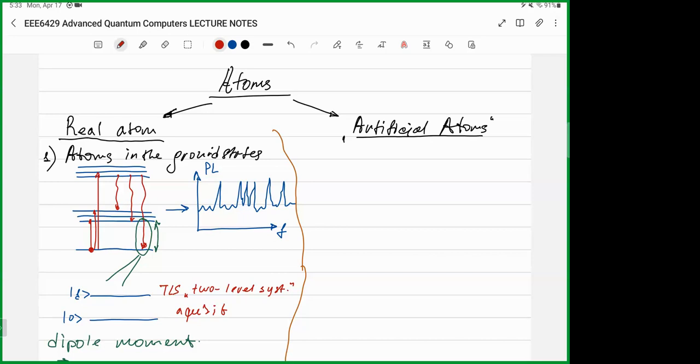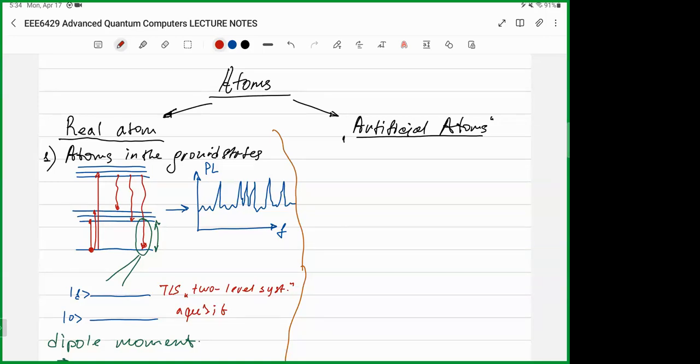But the main point here is that since these artificial atoms are big, we can design the energy spectrum of the artificial atom. So basically, having an artificial atom, we are not restricted by the atom that nature provides us.